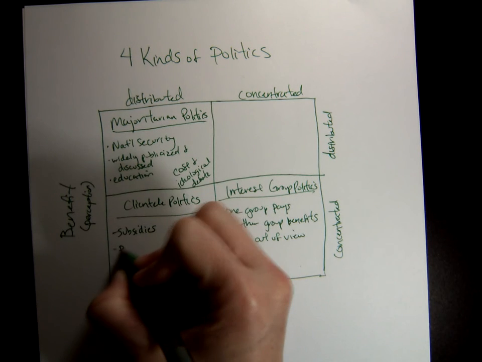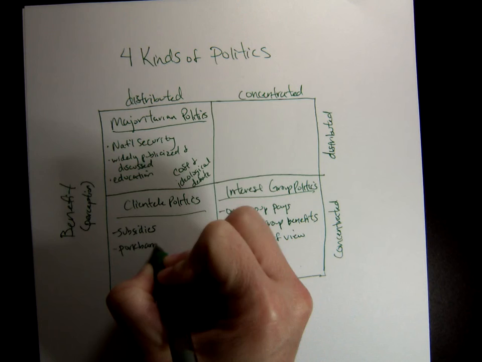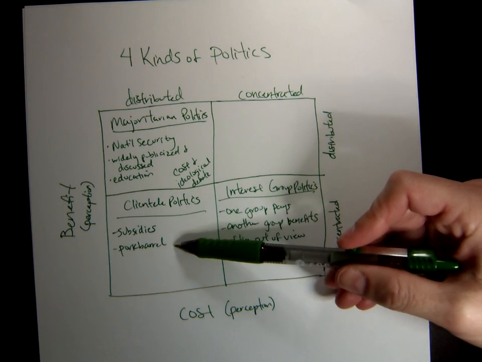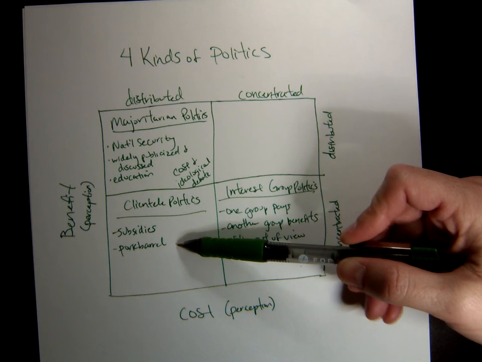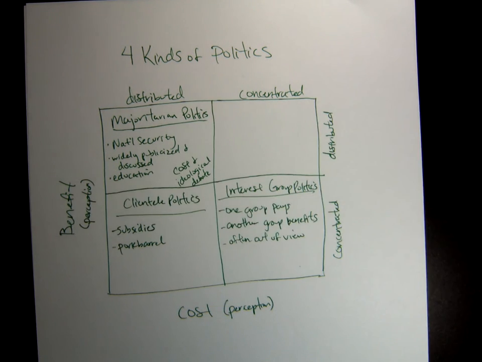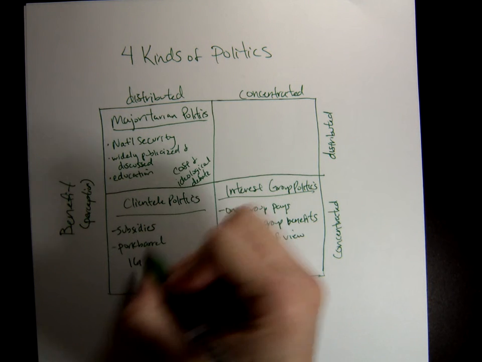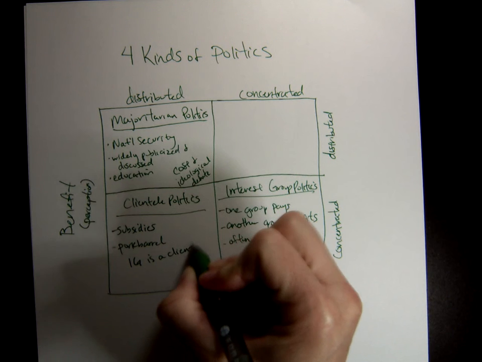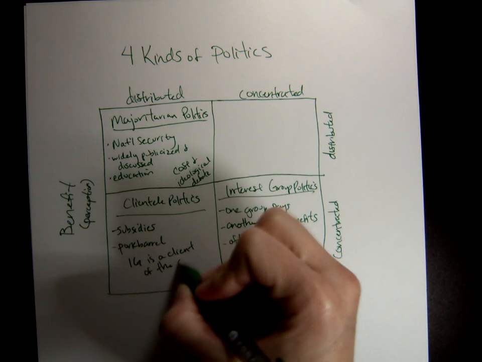We've seen this really with pork barrel legislation. So when a congressman gets federal money just for his or her district or state, then that district or state is essentially a client of the government. So essentially the interest group that we're talking about is a client of the government, and we all pay for it.